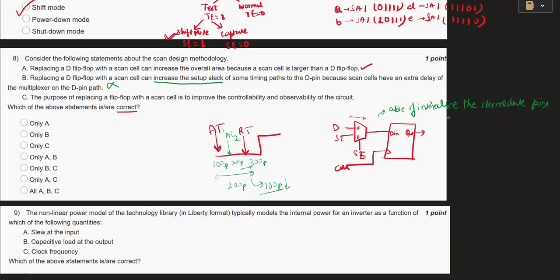I mean the logic gates which are in between the flip-flops, inside the logic circuit. So those outputs can also be propagated through these scan cells, right? So it will help in controllability, controlling the inputs of the intermediate logic gates, and observability, getting these outputs to propagate till the primary outputs. Yeah, both these purposes are solved. So A and C are the correct options here.